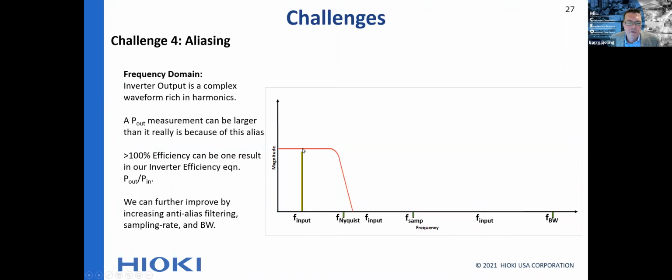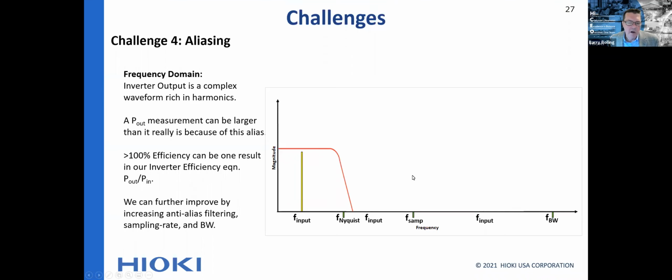As long as you use some anti-aliasing technique and you keep your sample rates high and appropriate bandwidth for your sample rate, you can prevent aliasing. And one of the first things you should think of when you see 100% or 110% efficiency, you should think about folding noise, which is where noise gets aliased into your waveform. Or you should think about outright aliasing that's occurring on the harmonics, especially with SiC and GaN.